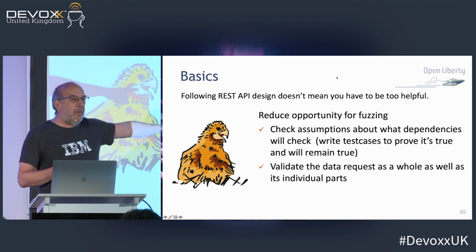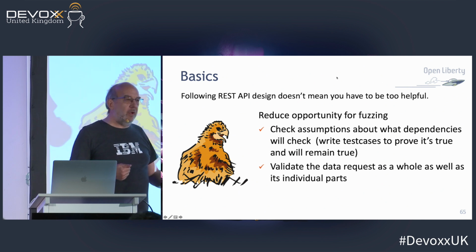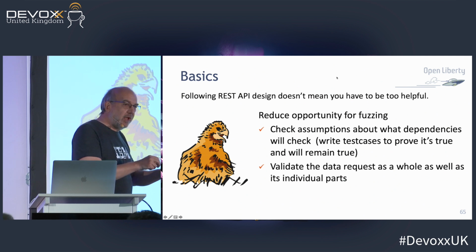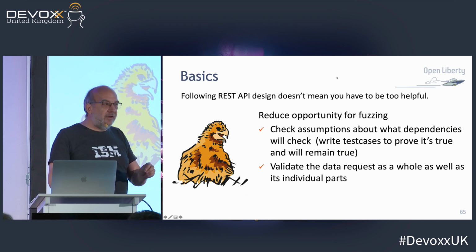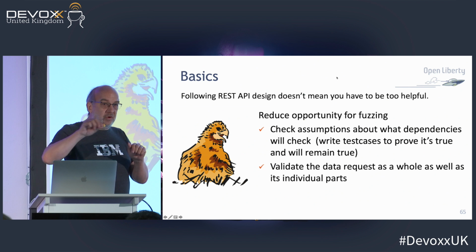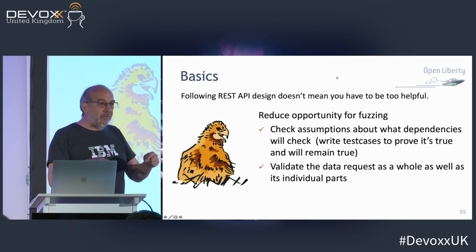Think, though, about what you think your application is doing. What do you think you're checking, and what do you think the dependencies that you're using are checking? So, for instance, the path navigation. Who checks that? Who makes sure that that's within bounds?